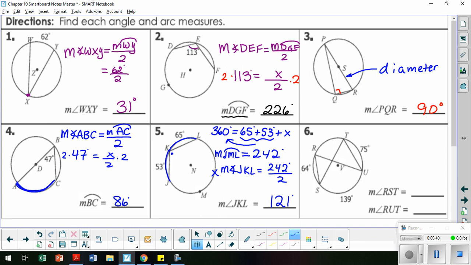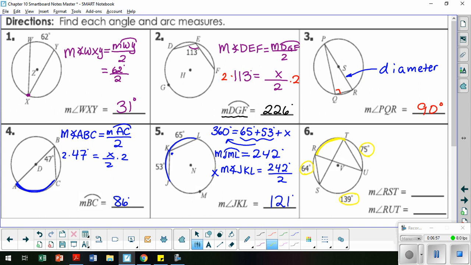For number 6, now, here's the thing, guys. You've got to look: they gave us this, they gave us that, and they gave us that. What is this right here?